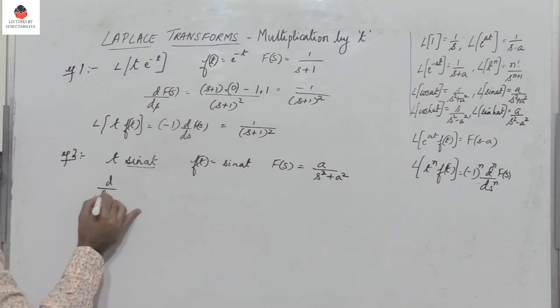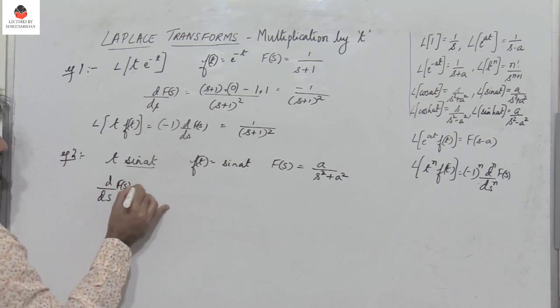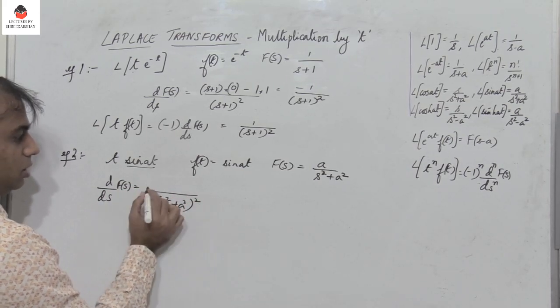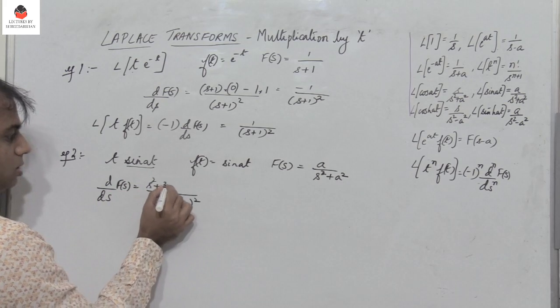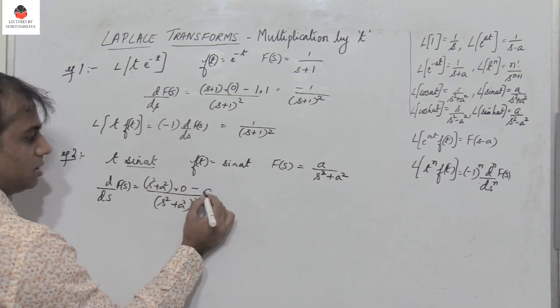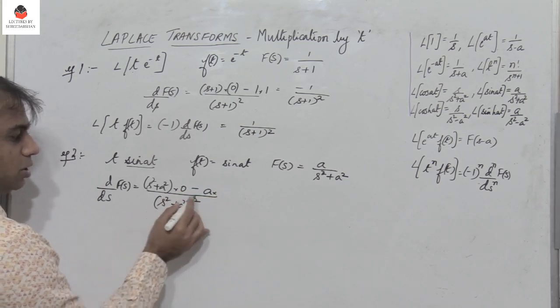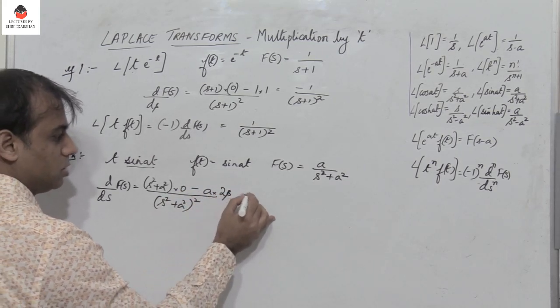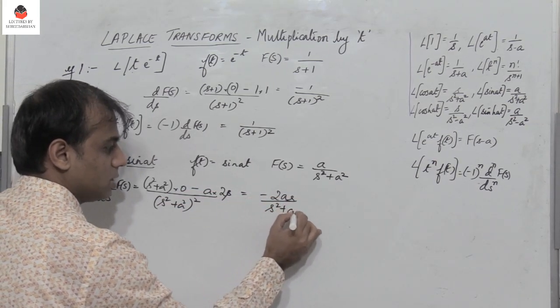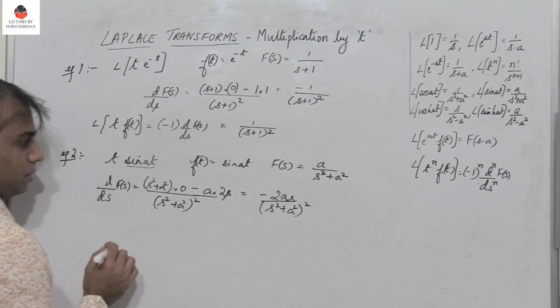So d by ds of f of s equals s square plus a square the whole square, denominator, into differential of numerator with respect to s is 0, minus a into differential of denominator is 2s. So this would be minus 2as divided by s square plus a square the whole square.